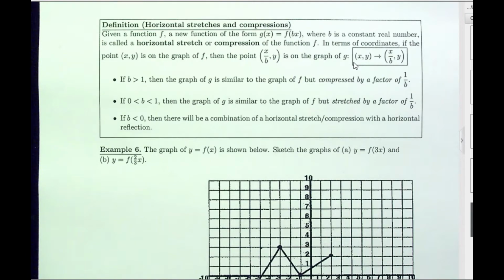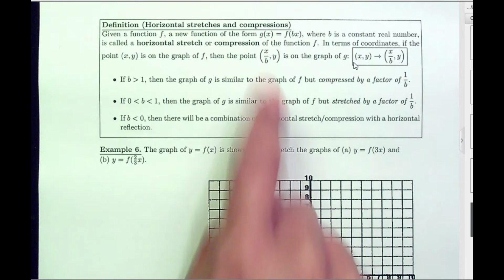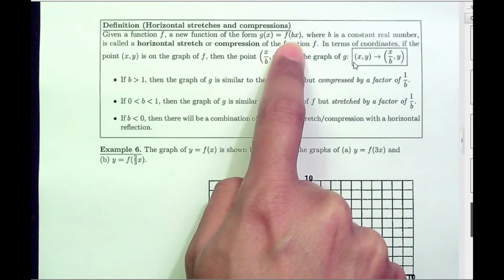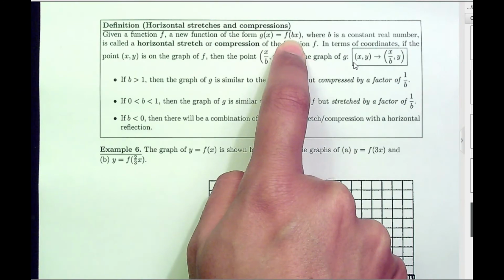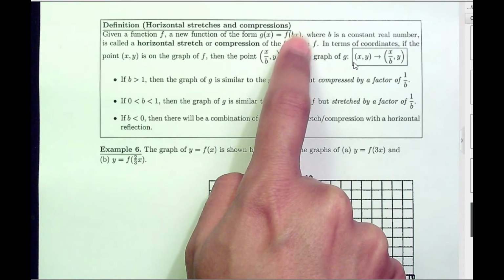Okay, now we're going to give an example of horizontal stretching and compressing. So this is when you multiply the function by a number, but the multiplication happens inside the function. You see, the constant by which you're multiplying, in this case b, happens inside f.